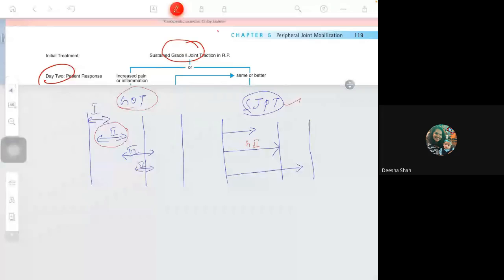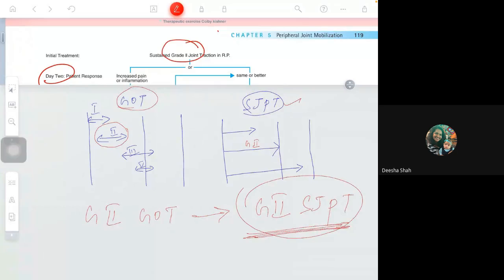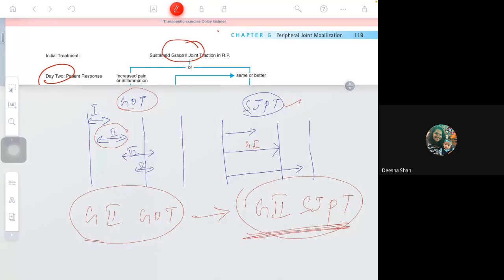This is the rule. Corresponding SJPT should be given first. Again, I'll repeat. Suppose you want to give grade 2 GOT, first you have to give grade 2 SJPT. This should be done first, right? Before doing G2 GOT, you have to do G2 SJPT. This is the rule. Clear? So this is what we have studied just now.